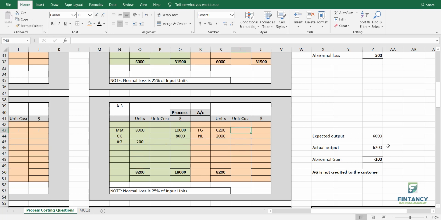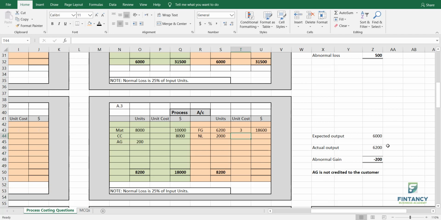Let's see how much the unit cost is. Formula same. What is the formula? Total cost incurred divided by expected output. So this is my total cost incurred divided by expected output, which we already calculated, so I am taking directly from here 3. If you multiply 3 with 6,200, it's coming 18,600.